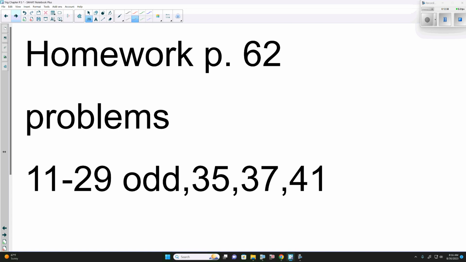(11 through 29 odd). So 11 through 17 odd, all you're doing is determining whether the equation represents y as a function of x. Determine if it's a function. You're saying yes, it's a function, or no, it's not, on 11 through 17 odd. 19 through 29 odd, find each function's value if possible.